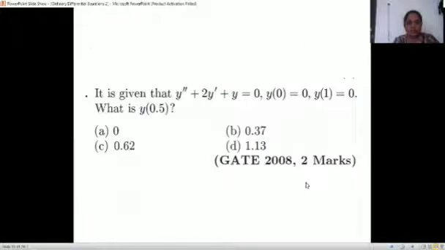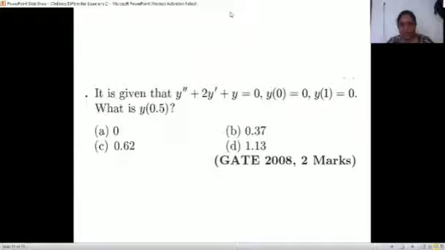Okay, next question. It is given that y double dash plus 2y dash plus y equal to 0. Conditions are also given. Then what is y of 0.5? Such questions are usually asked for 2 marks. Can you please do this? Please find the value. This is d square plus 2d plus 1 equal to 0. So roots you have told me before, that is minus 1, minus 1.